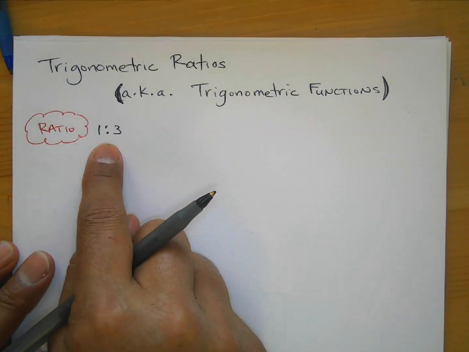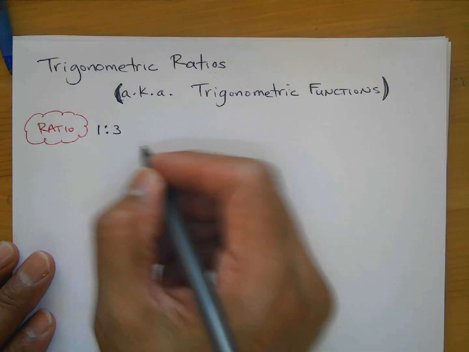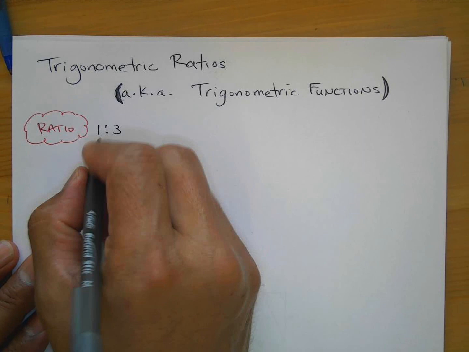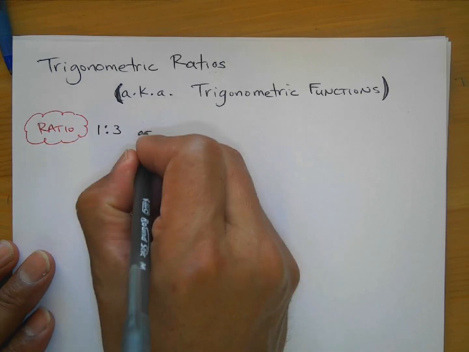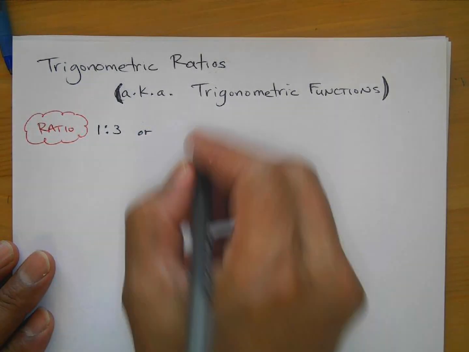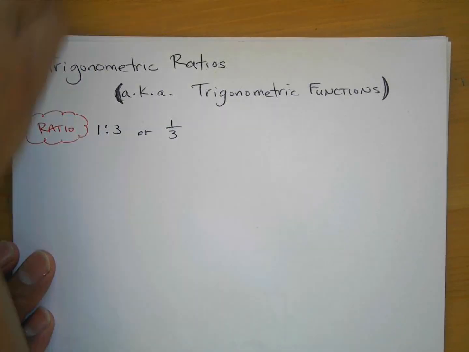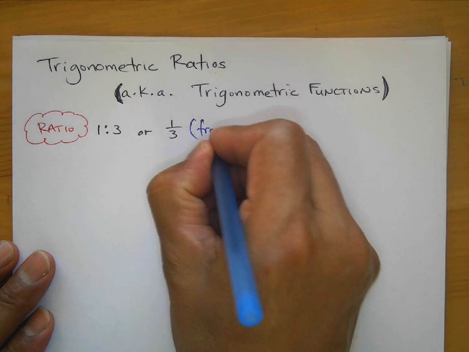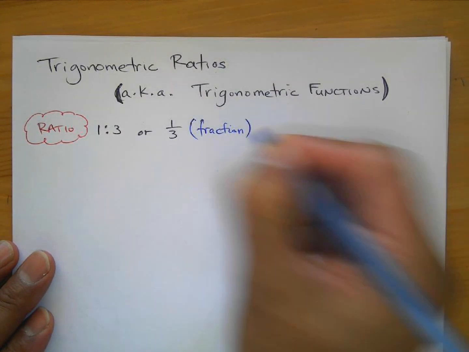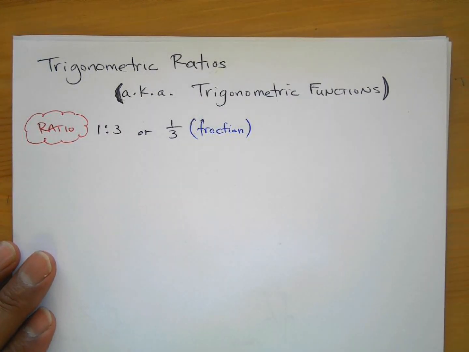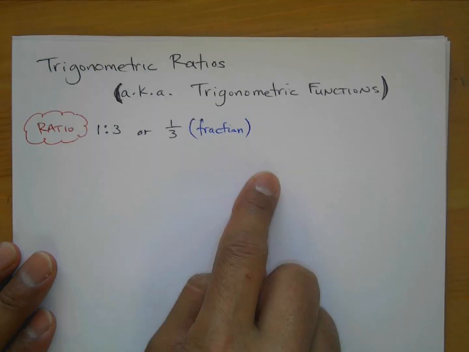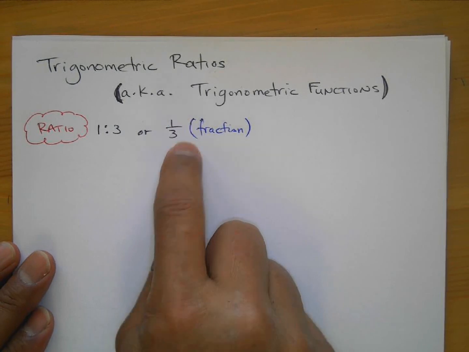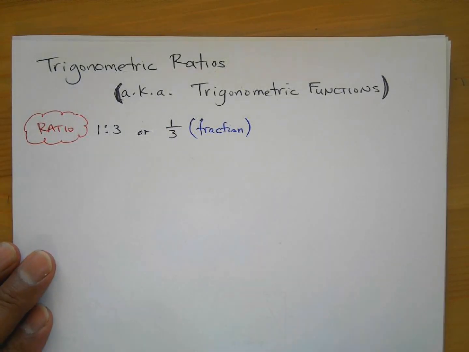This is one way you'll see a ratio, but you're going to see it as a fraction. So 1 to 3, you'll see it as a fraction. Right? So this is the way we're going to see it. We're going to obviously have a numerator and a denominator.